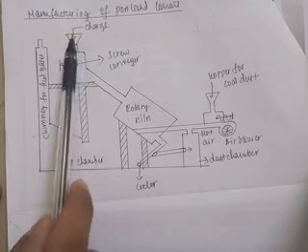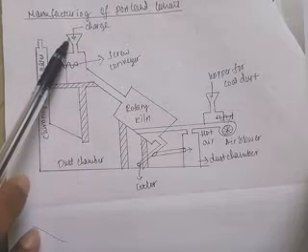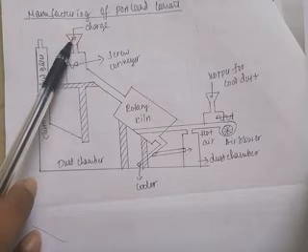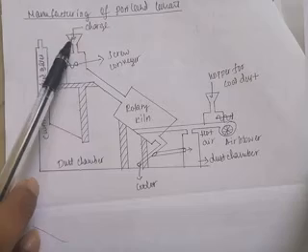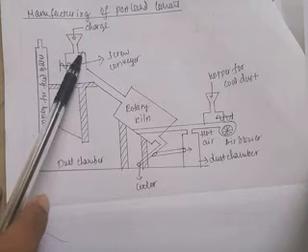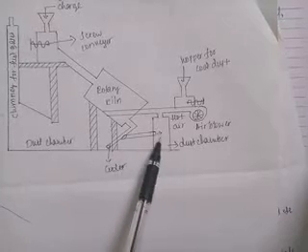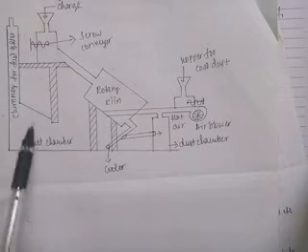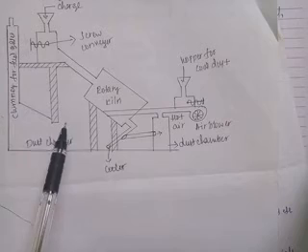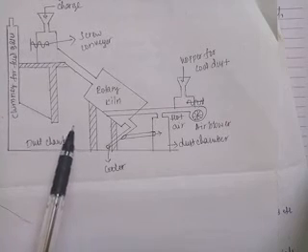This dry meal will move slowly from the top of the rotary kiln, and burning sawdust is sent from the other end.